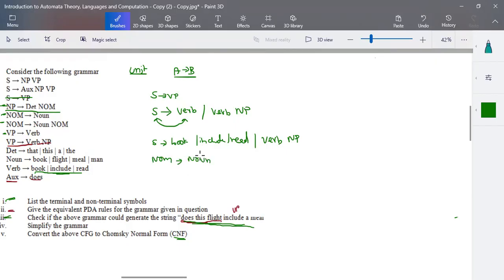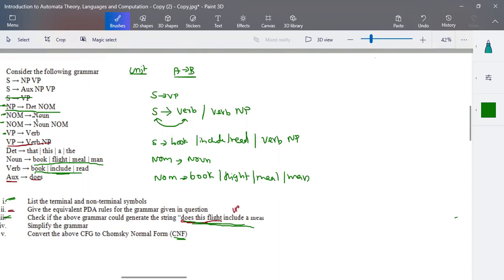Noun is also a case where a variable tends to a variable. So you have to replace this noun with its elements. Mention it as noun tends to book slash flight slash meal slash man.